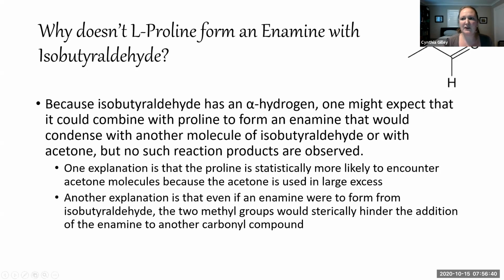Because of the two methyl groups, the nucleophilic carbon after the enamine is formed is going to be much more sterically hindered than if you were to form an enamine with acetone, which means it's unlikely to lead to a favorable reaction with another isobutyraldehyde or even acetone. Instead, it'll probably reverse course and eventually the catalyst will react with the acetone instead of the isobutyraldehyde.